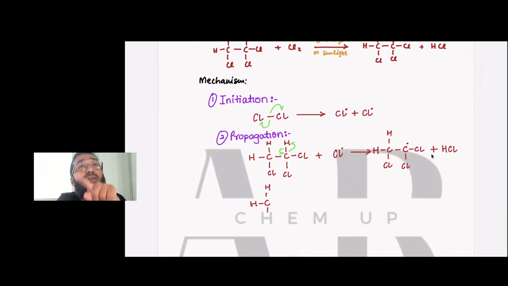Now in the second step, this carbon, which is a radical, takes the chlorine from a chlorine molecule. Now show the bond breaking of the chlorine. First show the bond.